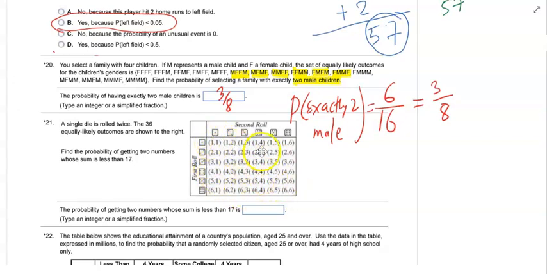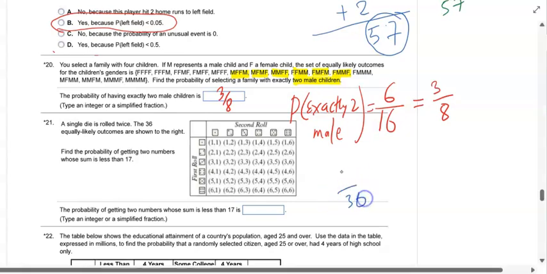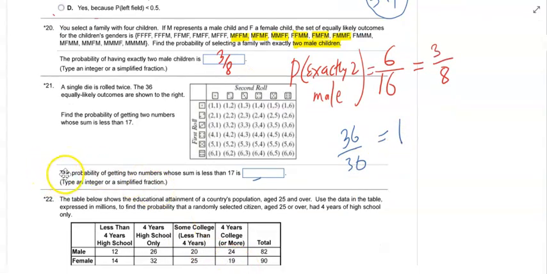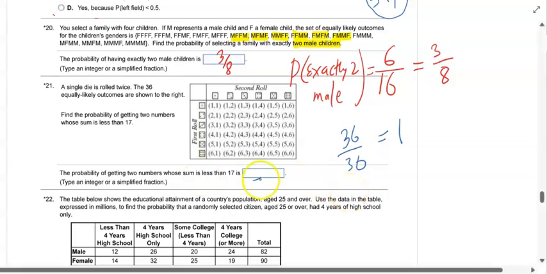Out of 36 outcomes, all 36 sums are less than 17. Therefore, the probability is 36 out of 36. You divide 36 by 36, and it is 1. The probability of getting two numbers whose sum is less than 17 is obviously 1.